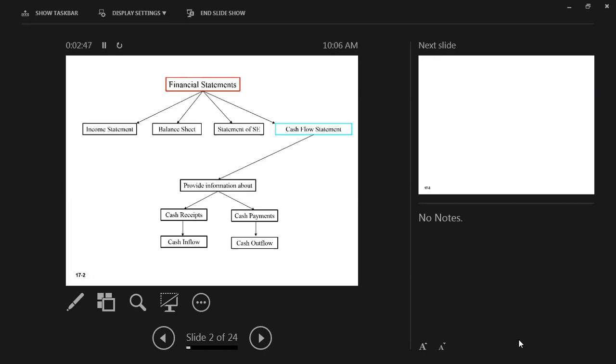Other people's cash inside your company, you report as cash inflow, but your cash belonging to other people, we report under cash outflow. So please pay more attention to the meaning of cash inflows and cash outflows. Just think about cash: cash inside your company is cash inflow, cash not with you is cash outflow.